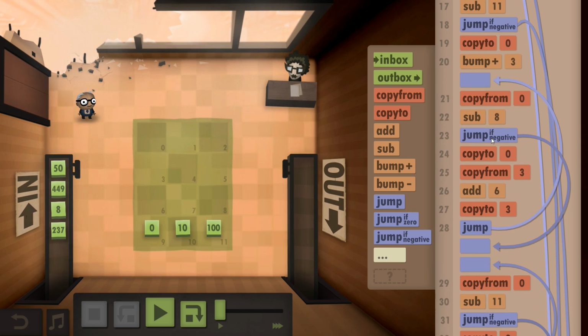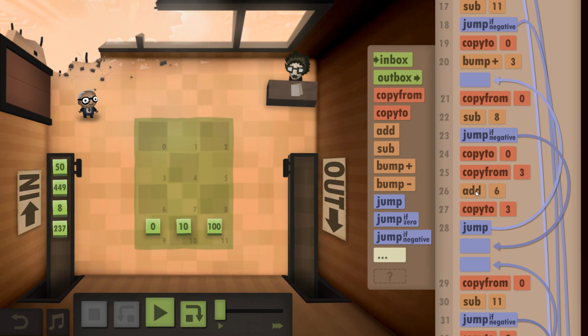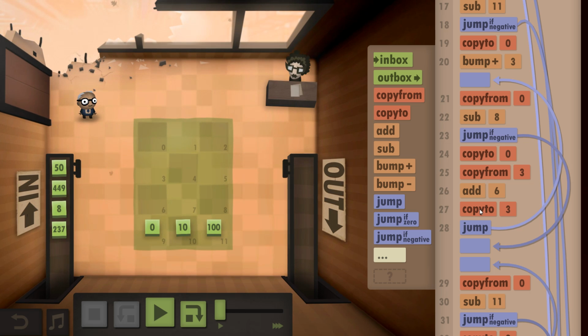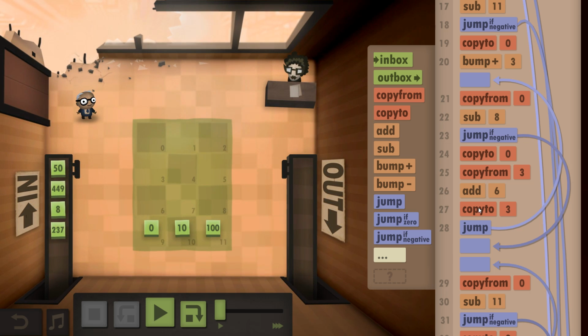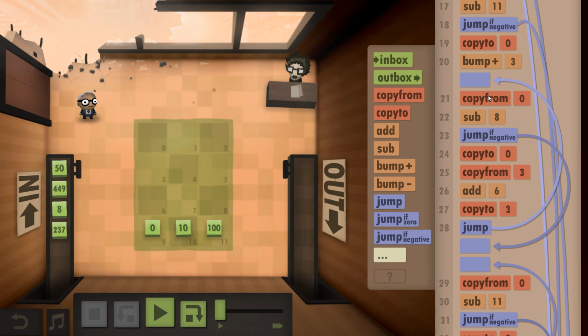Is that negative? Then go out here. Is it not negative? Then save it. Take the counter, add 3 to the counter, save the counter. And then jump back up, copy from. Yeah, I don't have it in my hand anymore, so I need to copy from.